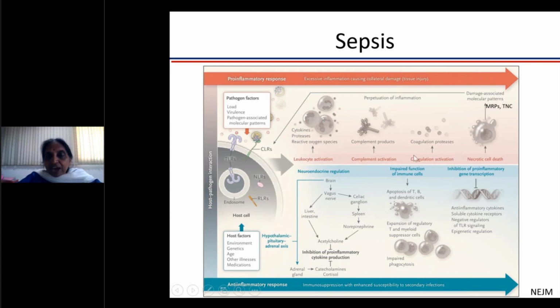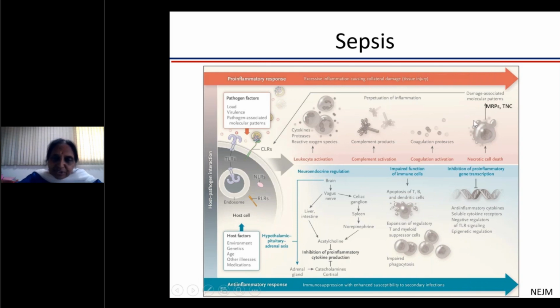There is also a coagulation cascade which sets into motion. Plus, you get cell death. The neutrophils can die by necrosis, necroptosis, and netosis. All this leads on to perpetuation of inflammation.